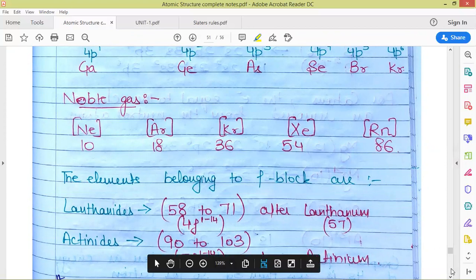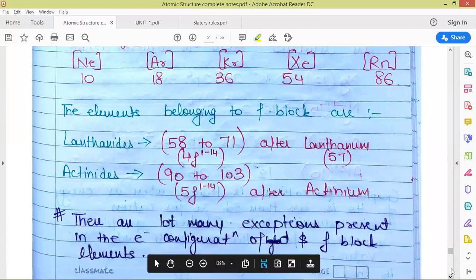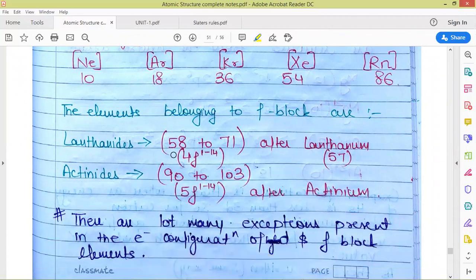How elements are divided into blocks in the periodic table will be discussed in the next chapter, that is periodicity. In the F block, there are two series of elements present, the lanthanide series and the actinide series.